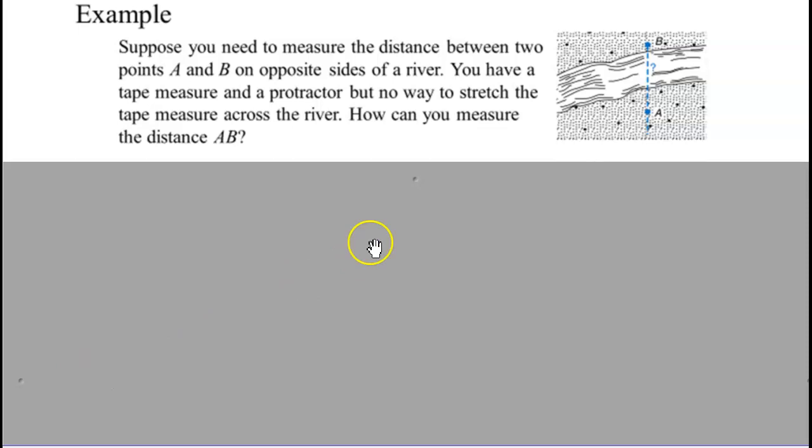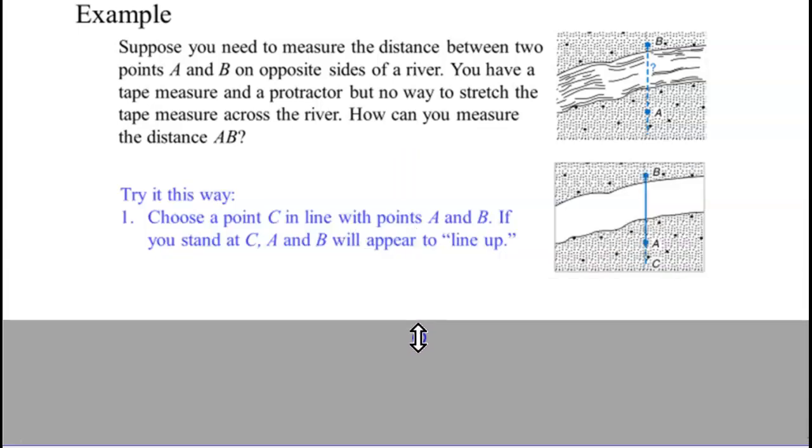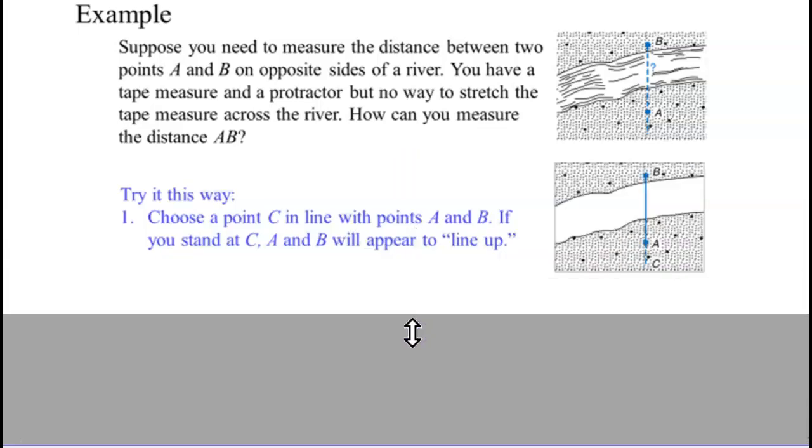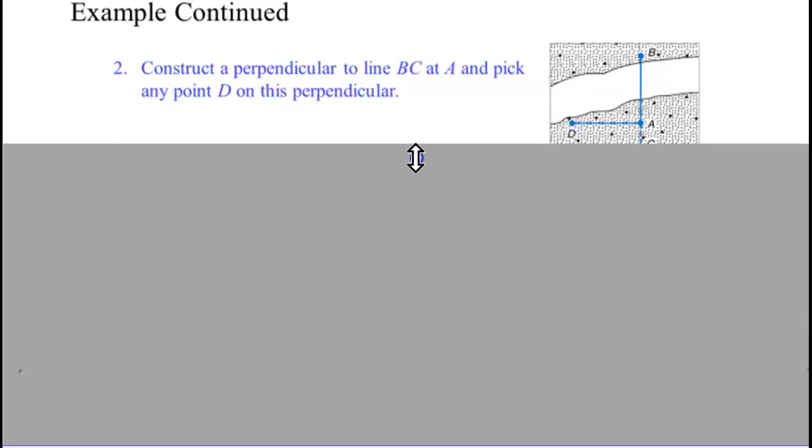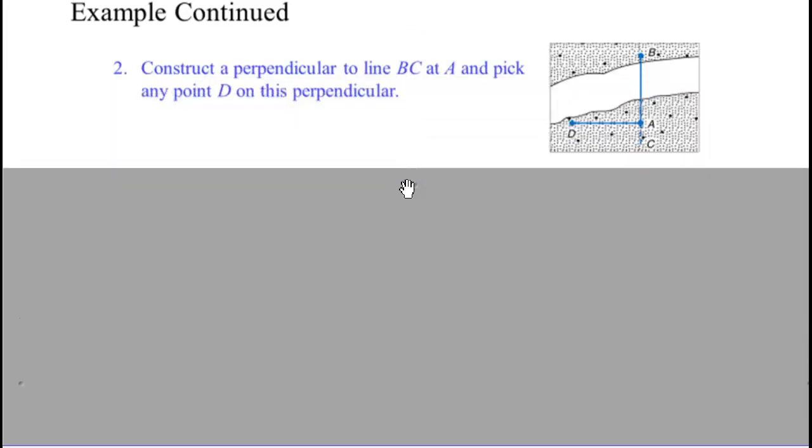So the first thing you could do is stand below your point A down here and point C, and get a straight line for A and B. Okay, that makes sense. The next thing you would do is continue your triangle to line up A with another point along the shore that is perpendicular to it, so a 90-degree angle. Remember, you have a protractor, so try to figure that out.